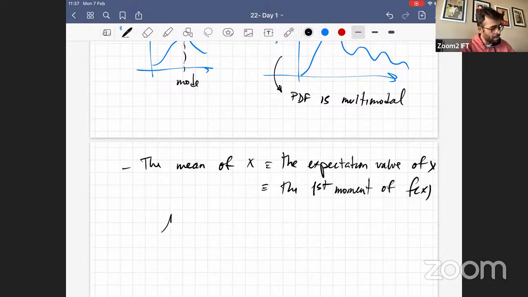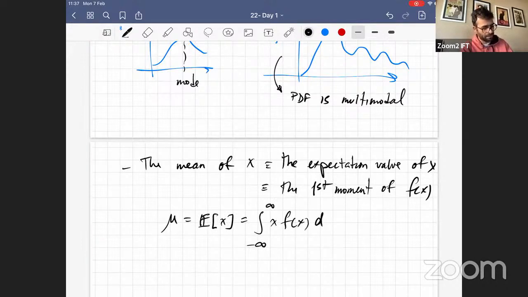It is exactly the same thing, and I call it mu, the expectation value of x, which is nothing but the integral of x weighted by its PDF, right?